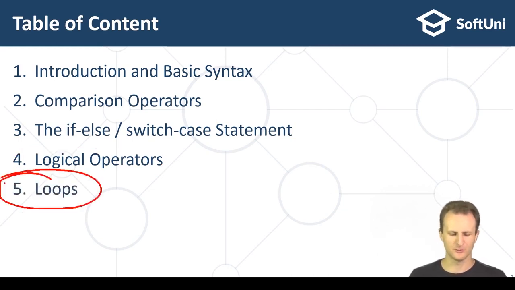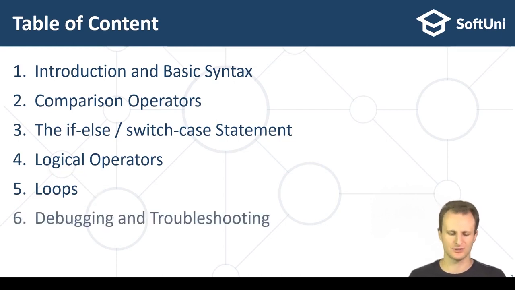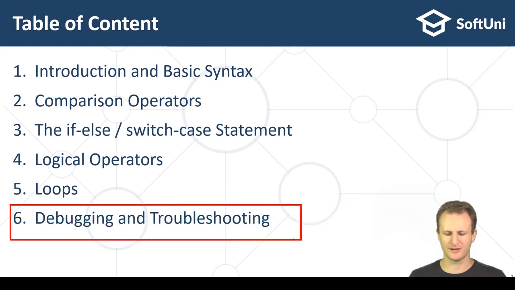Then we'll talk about loops, meaning how we can execute a piece of code an arbitrary number of times. And by arbitrary, I mean a number of times which is not determined while writing the code, but rather determined, for example, at execution by input from the user or by some other conditions which are generated during the program execution. And then we'll finish up by talking about debugging and troubleshooting our programs.